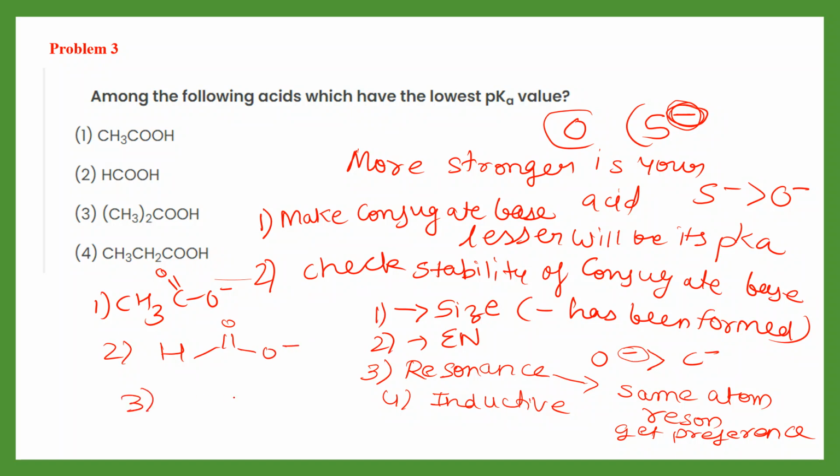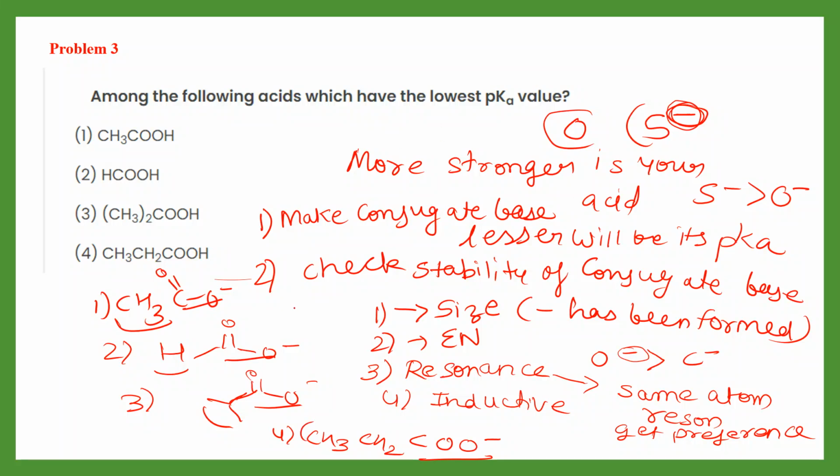In the third case, you have this, and in the fourth case, you have CH3CH2COO negative. All good. So you can see that this COO negative is the same in all these. So the deciding factor is these groups.